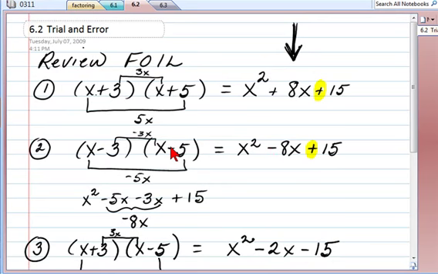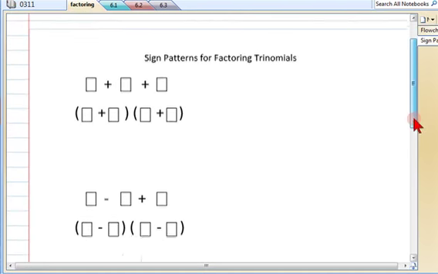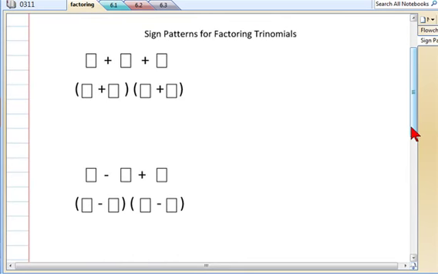Okay? Now, let me go back, and I want to show you something under sign patterns. You can print this if you want. Sign patterns for factoring trinomials. I don't have terms in there, I just have boxes.